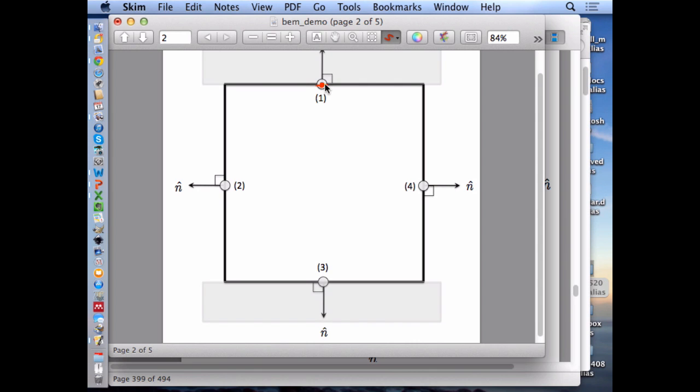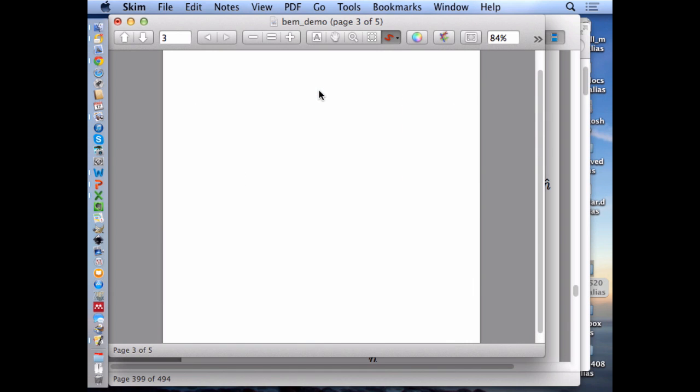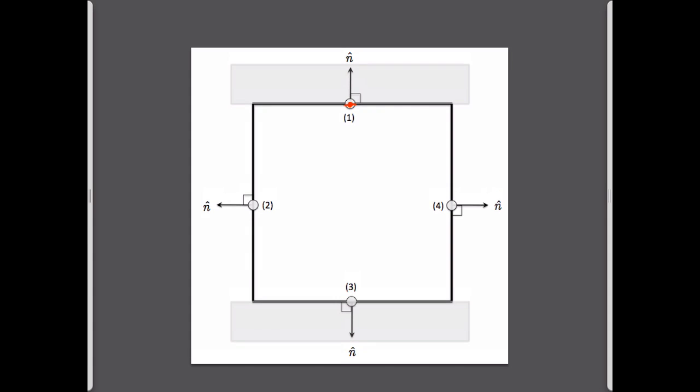We're going to want to represent the boundary condition here, which is a zero flow velocity. So let me just make this full screen. Okay. So what's it going to be? Element 1. What's it going to be?